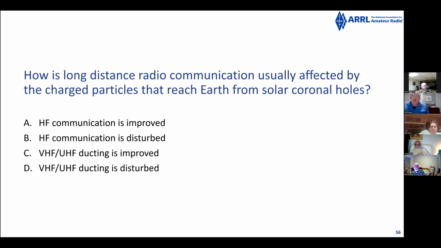It's a total guess, but I would guess B. Yeah, it's Bravo. Charged particles from coronal holes are lower intensity versions of what happens when there's a coronal mass ejection. So in terms of coronal holes, particles are sort of leaking out from the sun's surface, and from coronal mass ejections, a whole bunch of them are thrown off the sun.